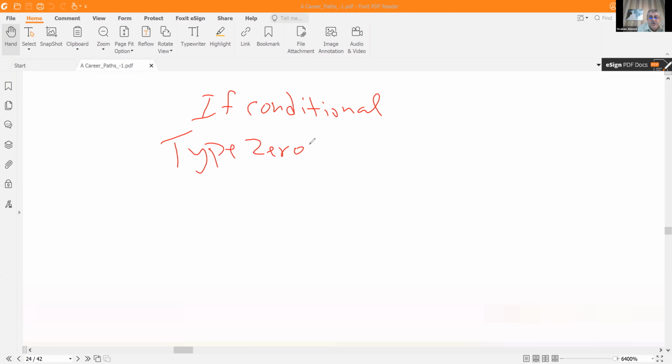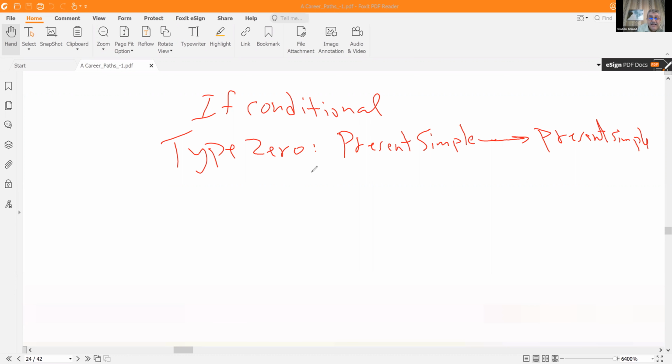It's called type 0. What is type 0? We say it is present simple, present simple. What does that mean?